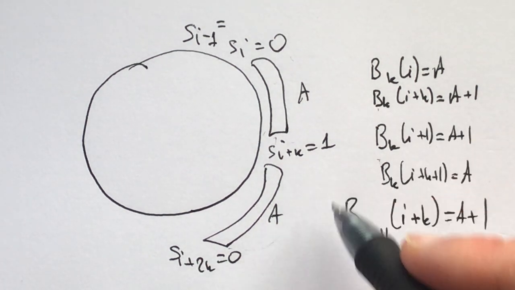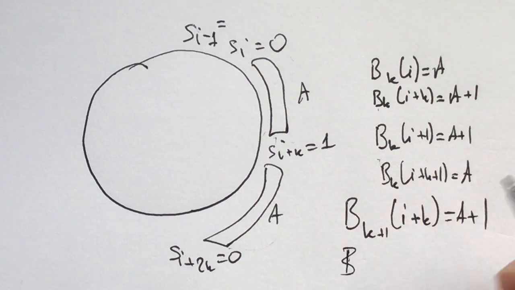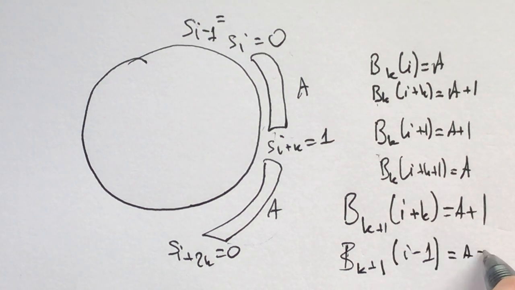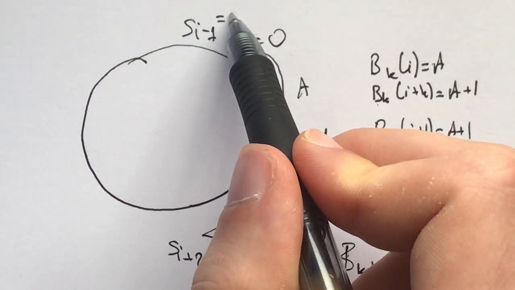So what does that mean? So we will be done if b_{k+1}(i-1) is equal to a plus 1. We're done in that case. And when will this be a plus 1? Well, it will be a plus 1 when this thing here is 1.